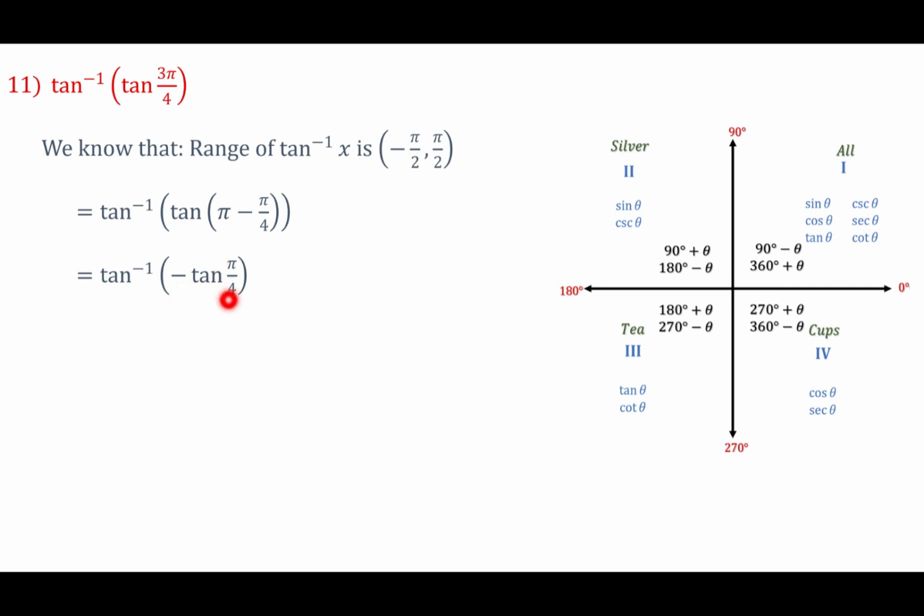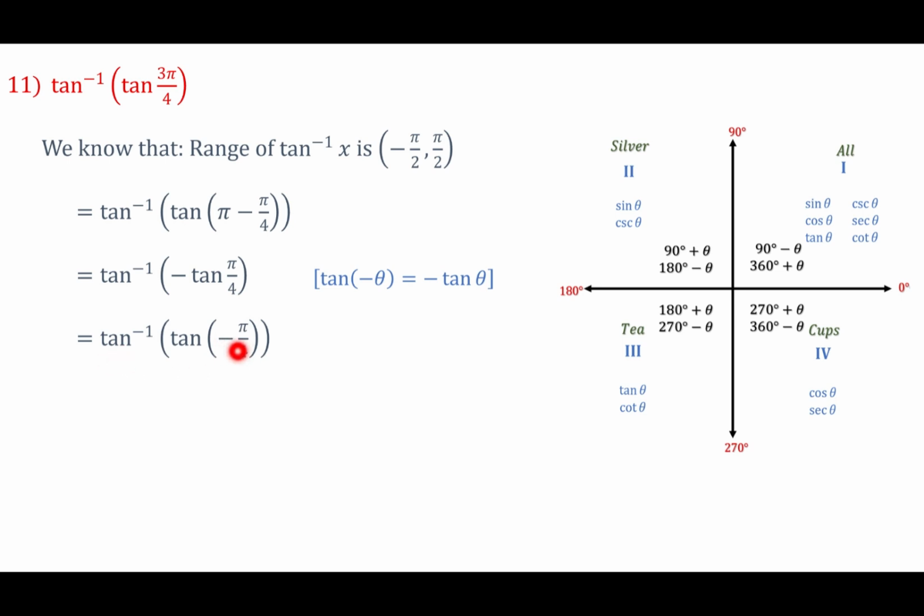Why the negative sign? Because in the second quadrant tan is not positive. That is why we have to put the negative sign. Negative tan pi by 4 I can rewrite as tan of negative pi by 4, because we know that tan of negative theta is negative tan theta. So negative tan pi by 4 I can rewrite as tan of negative pi by 4.